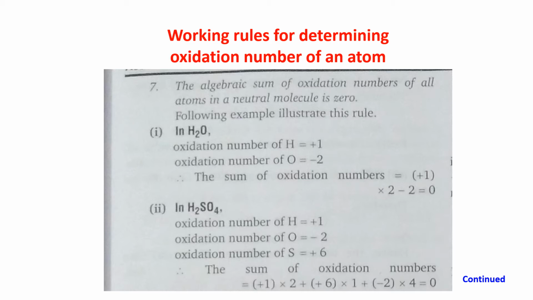7. The algebraic sum of oxidation numbers of all atoms in a neutral molecule is 0. This is a very important rule. It will come again.